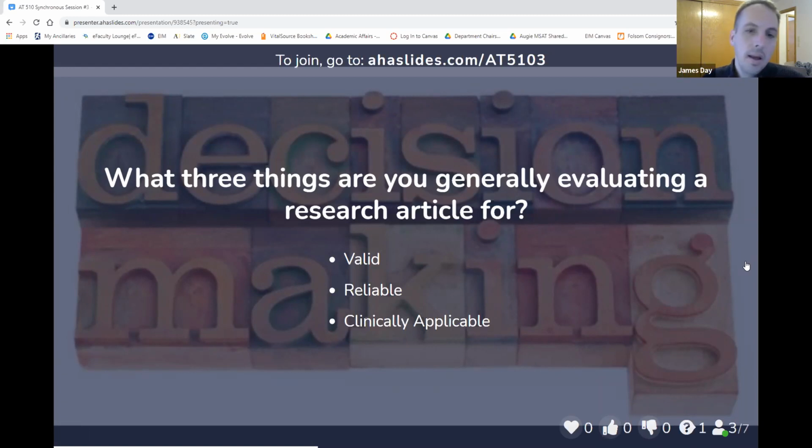And then three, is it clinically applicable, right? We talk about clinical applicability a variety of different ways, whether or not there is good external validity as far as its generalizability to other populations, and then specifically to your patient, or whether or not this is more of a lab-based assessment.